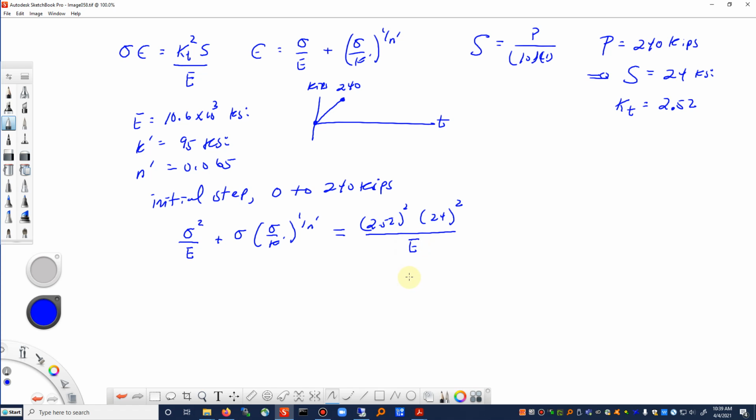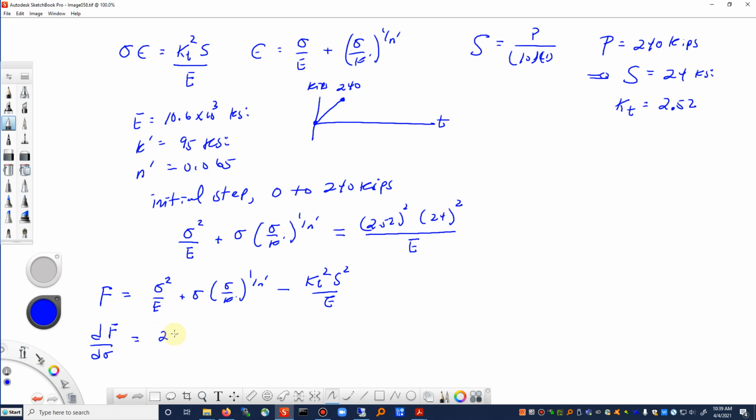Now, in order to find our stress, we're going to have to use a root solver. We can do a Newton-Raphson technique as well. And let's write down what our function would be for the Newton-Raphson. We'll do this in terms of symbols in case you want to program this in. And then, of course, our df by d sigma is the variable we're wanting to solve for.